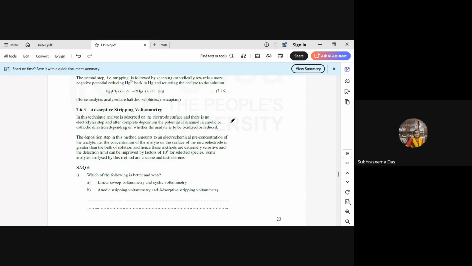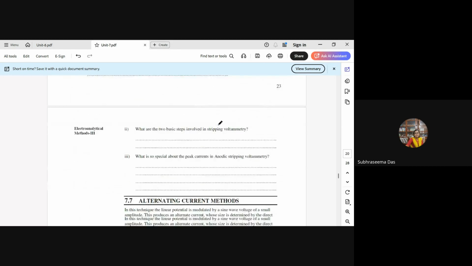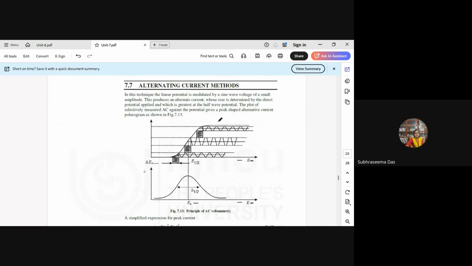The deposition step in this method amounts to an electrochemical pre-concentration of the analyte, that is, the concentration of the analyte on the surface of the microelectrode is greater than in the bulk of the solution, and hence these methods are extremely sensitive, and the detection limit can be improved by factors of 10^6 for certain species. Now coming to alternating current methods.